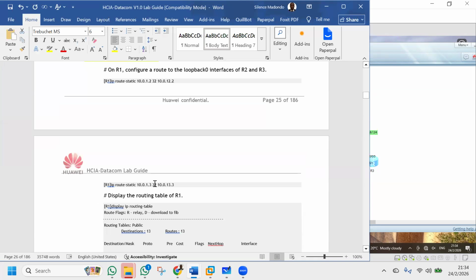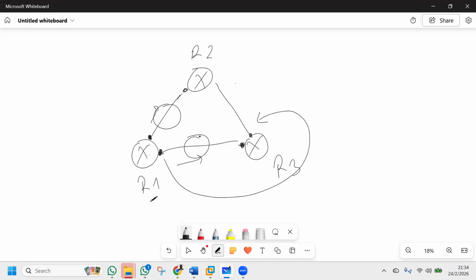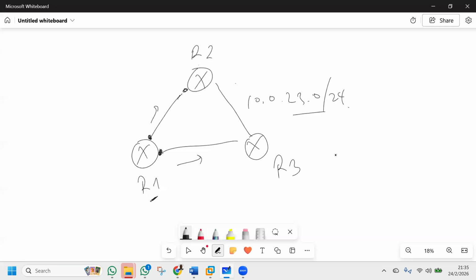Like I said, 32. If you get 32, it basically means you are trying to get to an interface, a host, /32. There's a difference. If I want to get to a network, in this example, 10.0.23.0/24, that's a network.